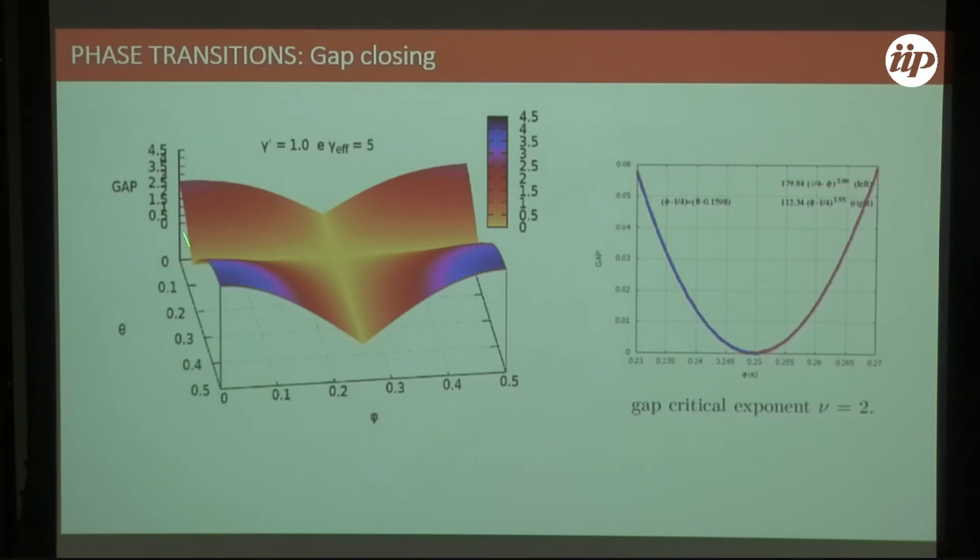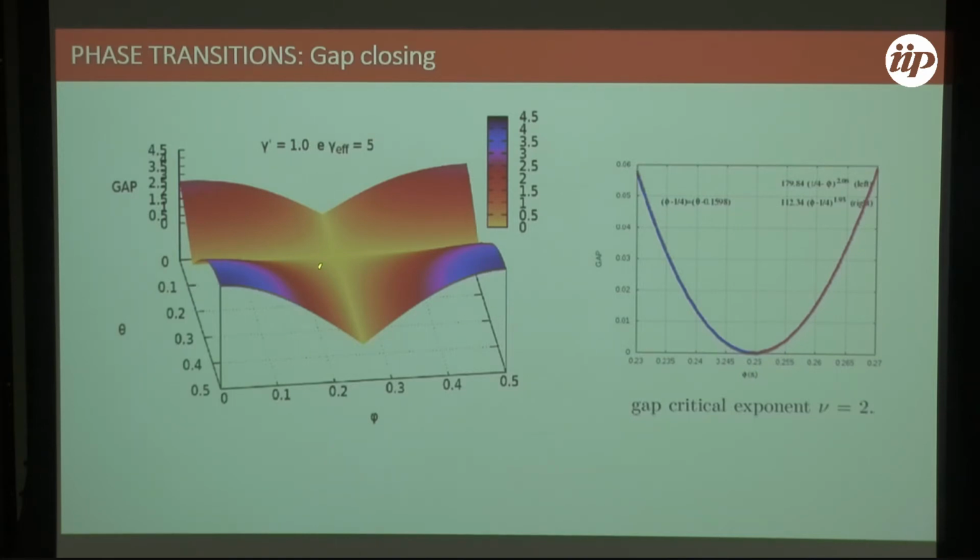If we look at the gap, how the gap closes, this here is a color code for the gap on top of the theta phi parameter space, and yellow here means 0, so that's the gap closing lines. Here's the multicritical point, which is the intersection of these two lines.